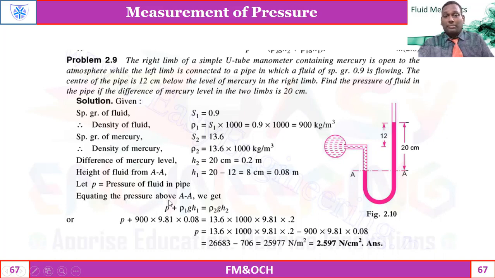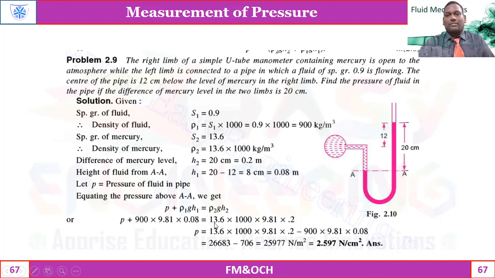Now equating the pressure above the datum AA. P is the required pressure. P plus ρ1 g H1 is equal to ρ2 g H2. P is the required pressure we need to find out. We know the density of this fluid is 900, g is 9.81, and H1 is this height which is not given, but we worked out here as 0.08 meters.